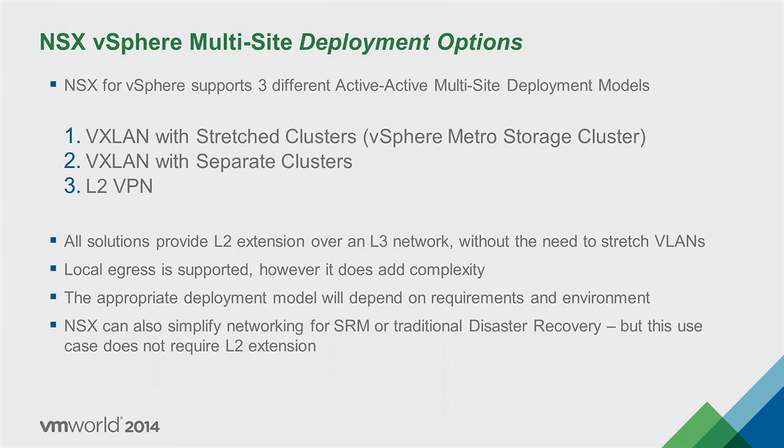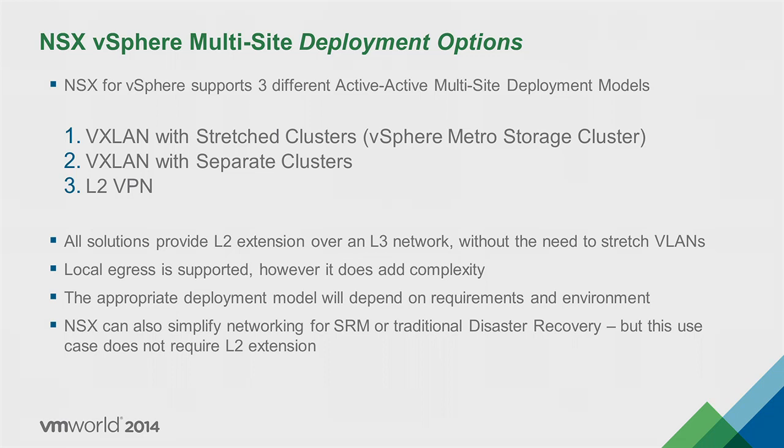Our first solution leverages VXLAN with stretch clusters, so vSphere Metro Storage Clusters, and really supports enterprise use cases where active-active storage is available. Secondly, we also have a deployment option leveraging VXLAN with separate clusters when active-active storage is not available. And third, there's the L2VPN-based solution, which can be used to support both cloud and enterprise use cases when a solution needs to extend across separate vCenter servers.